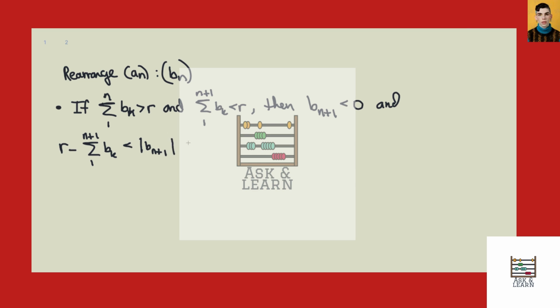Now let me go ahead and verify, prove this last case. So we have the sum from 1 to n of b_k bigger than R. And then let's go ahead and add the negative sum from 1 to n+1 of the b_n's on both sides.